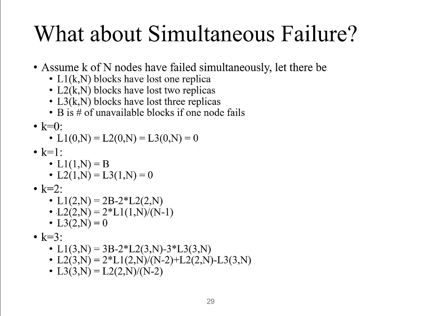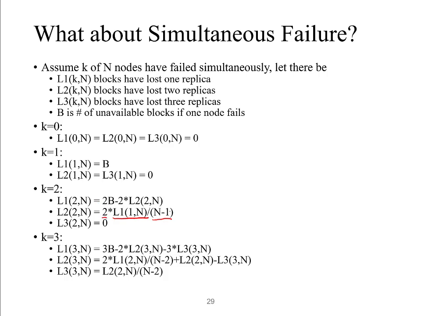The idea here is pretty similar to what we have mentioned before. Basically, L1 1n is the number of blocks that have lost 1 replica before, when k equals 1. For all of them, they have another 2 replicas lying on different nodes. And how many nodes in total? N minus 1 nodes.